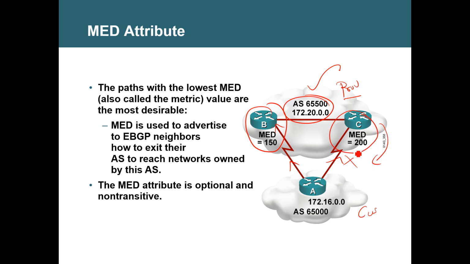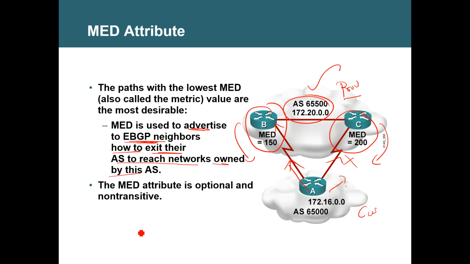While advertising, it gets advertised, and this MED is learned by the eBGP neighbor, which is A. A is an eBGP neighbor to B and C. Now that eBGP neighbor knows how to exit their own network. So A now knows that I have to go this way, not this direction.